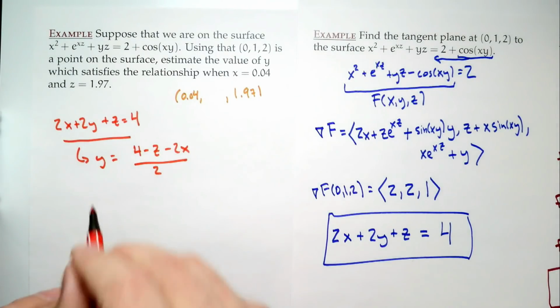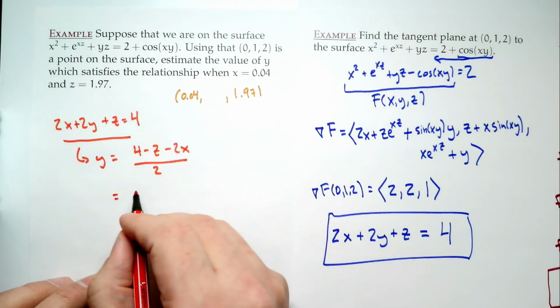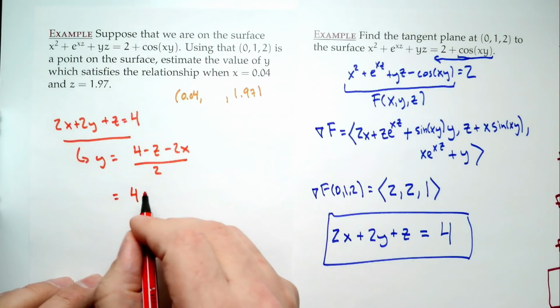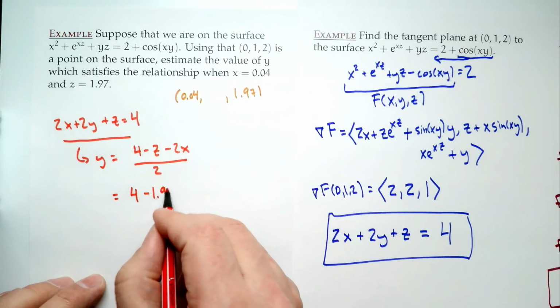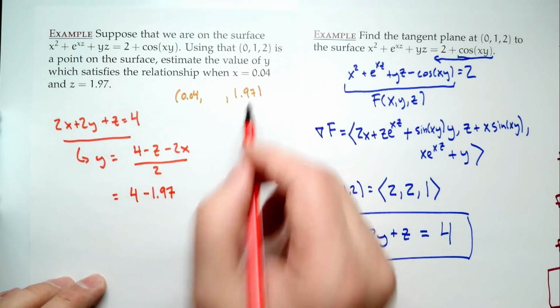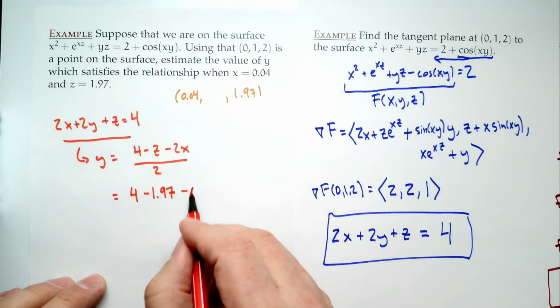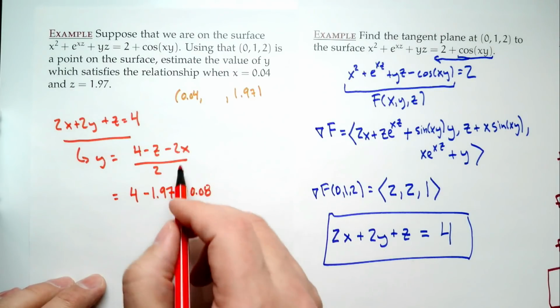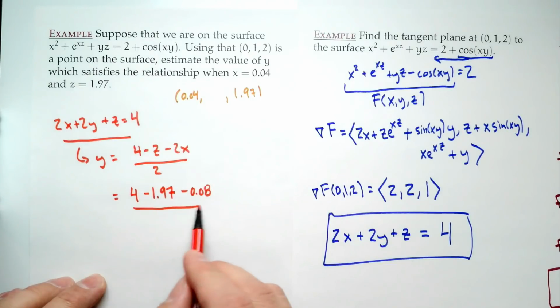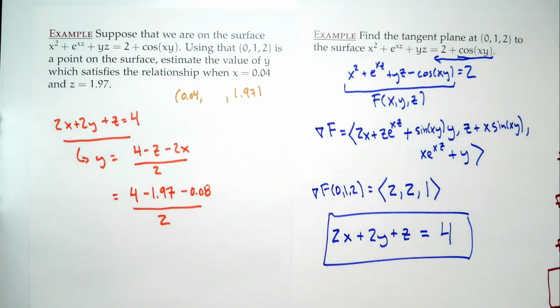Okay, so that would be 4 minus 1.97, because that's z, minus 0.08, because that's twice x, all over 2. Now we have to do a little tiny bit of math. But this is math we can handle.